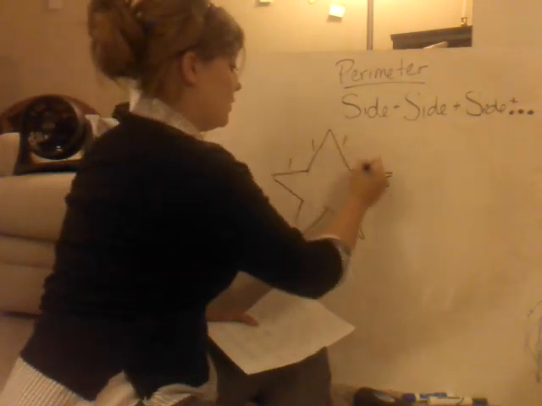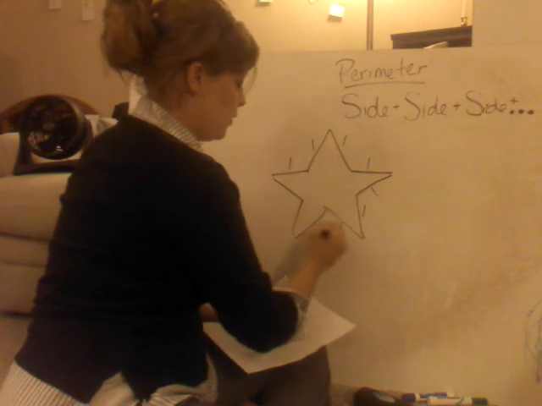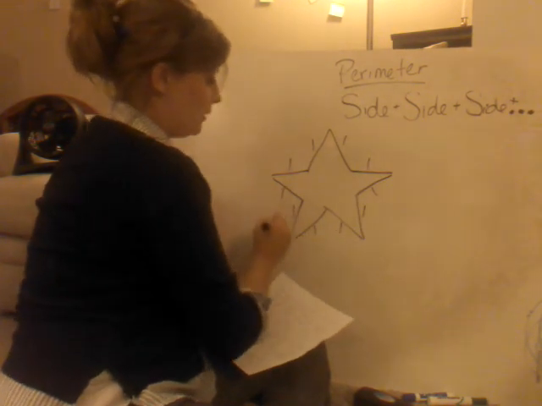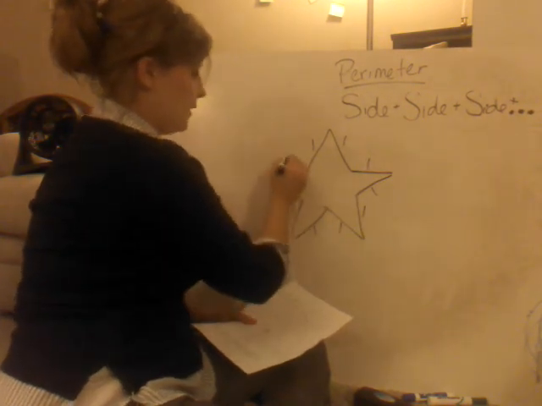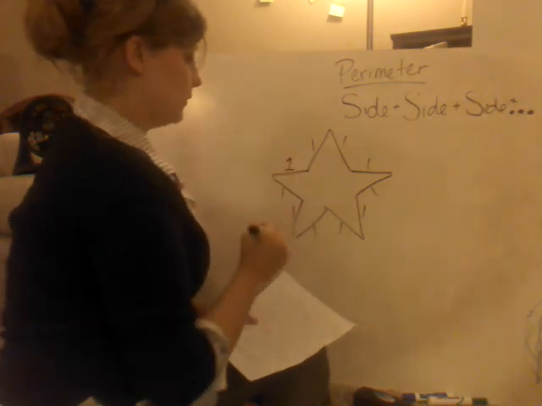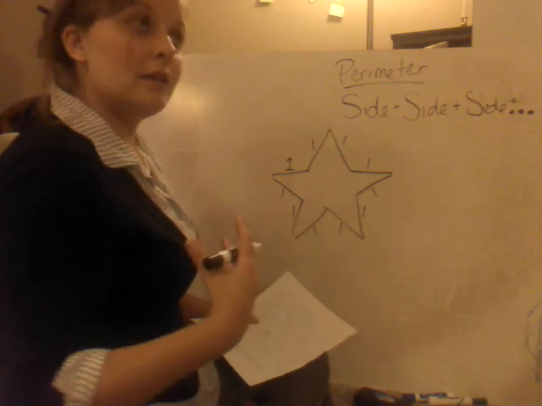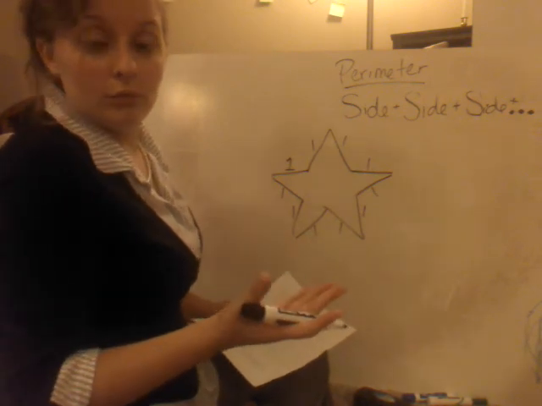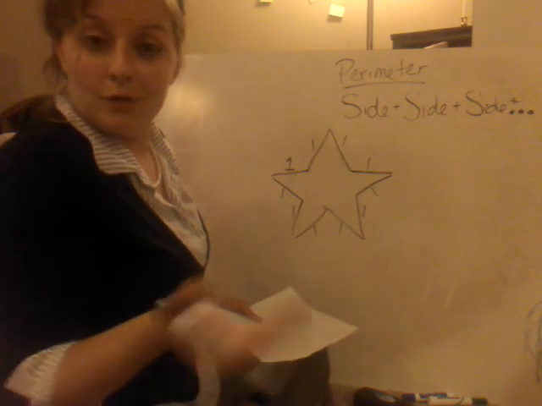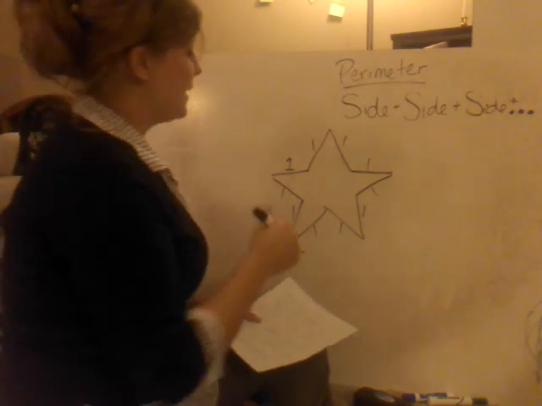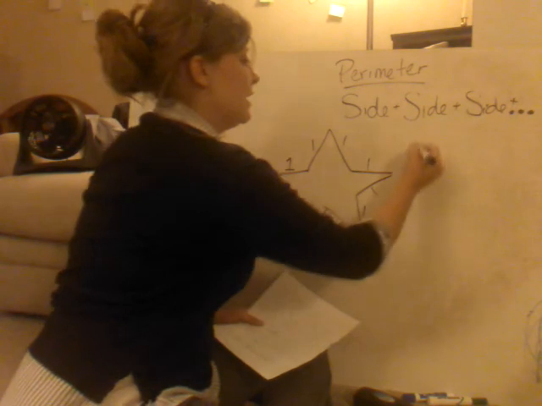So every single side is a length of 1. But if I wanted the perimeter, because let's say I'm making a float for the star, because it's almost 4th of July, right? Good. Okay.